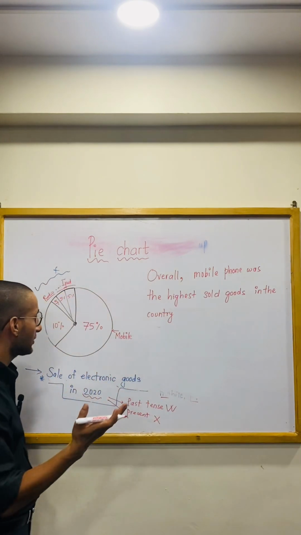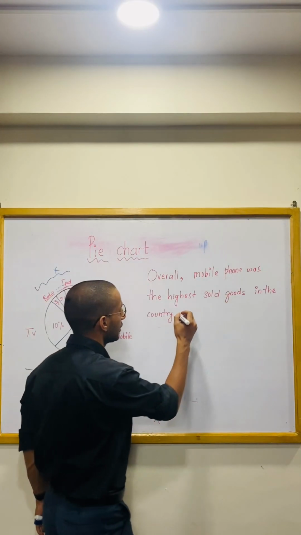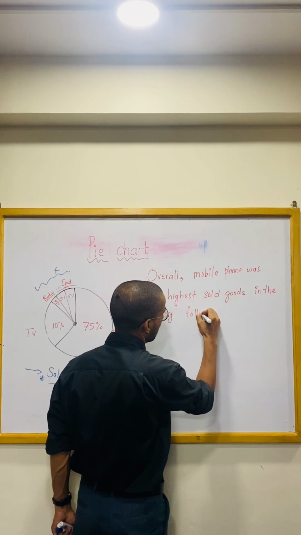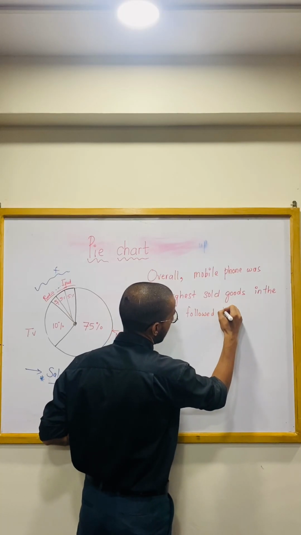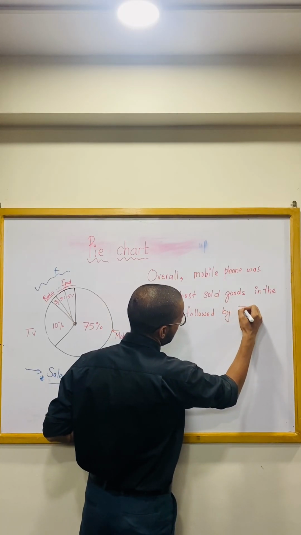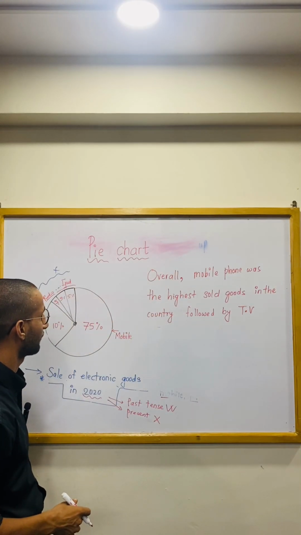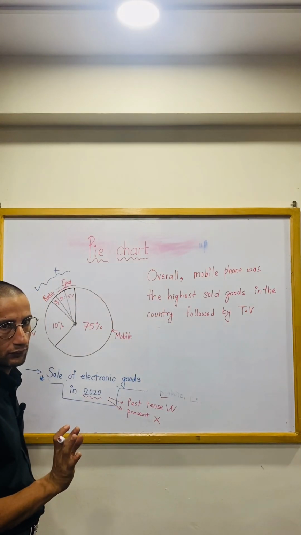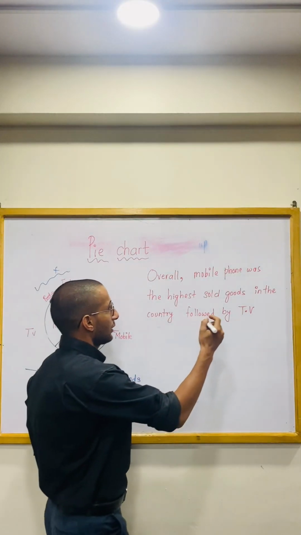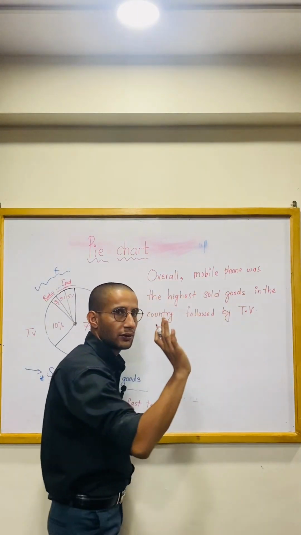What was the second thing that was sold the most? Followed by TV. If you say this, you are good.